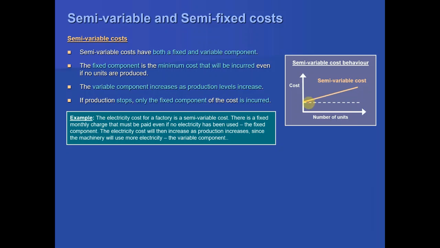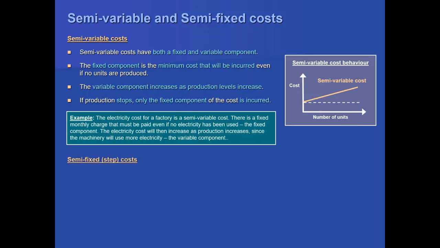So remember, the variable one started at the 0 line and went up as number of units increase. But semi-variable starts at the fixed cost part and continues to increase as more units are produced.